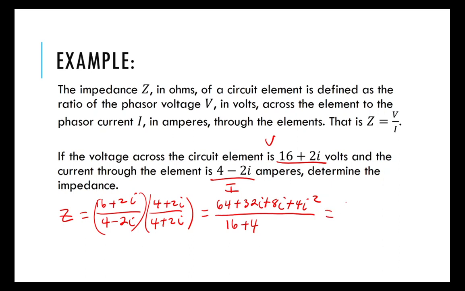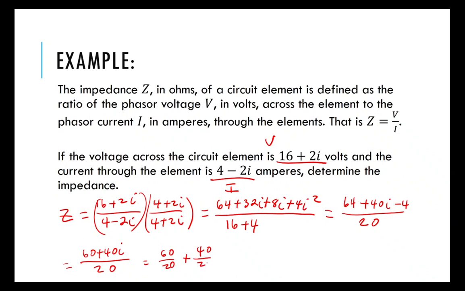Then we're going to get that this is 64 plus 32i plus 8i. That's going to give us 40i. And then minus 4, all divided by 20. That then gives us 64 minus 4 is 60, plus 40i, all divided by 20. Using the properties of fractions, this is 60 over 20 plus 40 over 20 i.